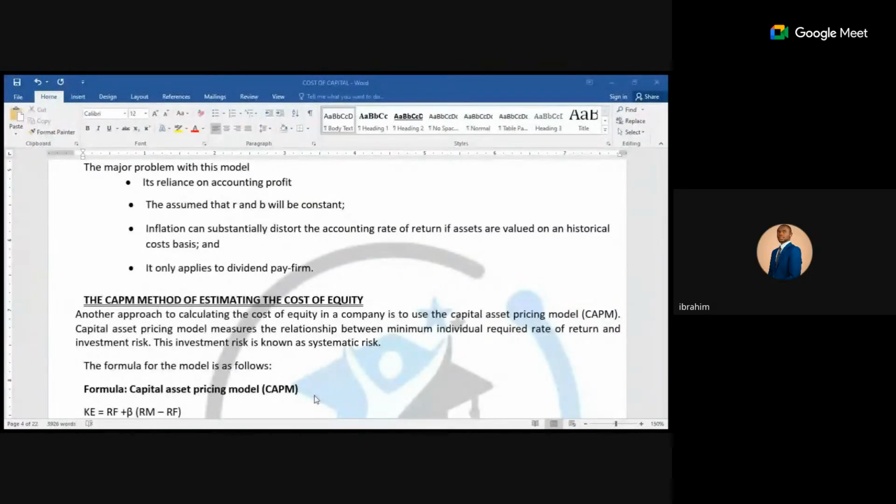Exchange rate will affect them, so definitely it will hinder your return on investment. That is why it measures the relation between what you are expecting and the risk of that investment. That risk is what we call systematic risk. It is known as market risk, unavoidable.